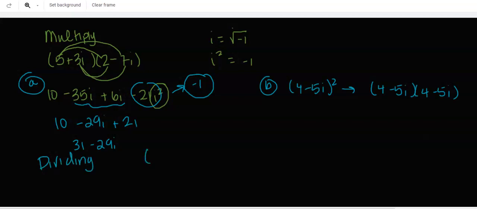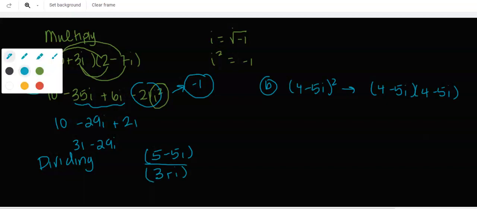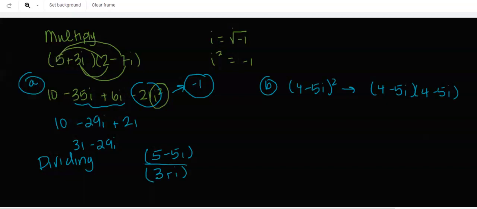So dividing 5 minus 5i divided by 3 plus 3i. I multiply by the conjugate. The conjugate means, because I want to get the i off the bottom, I can't have a square root in the denominator. I'm going to write exactly the same thing down and multiply top and bottom. So I have distributive property on the top.